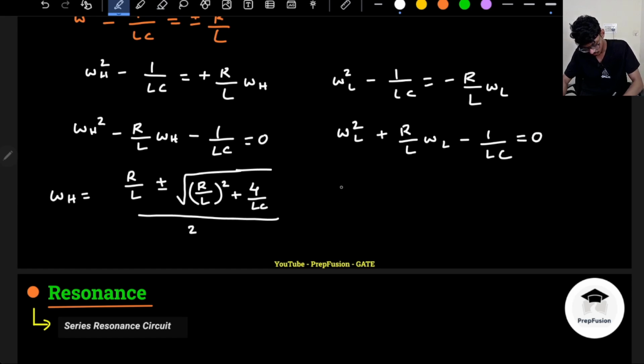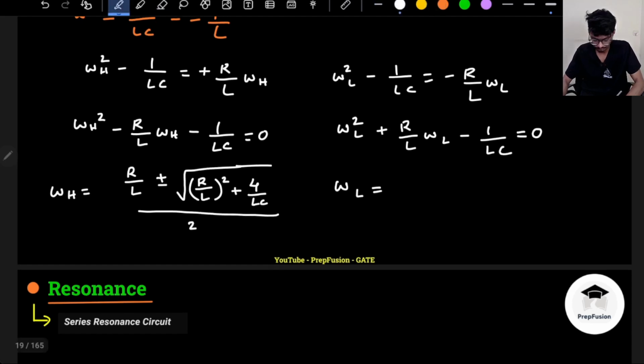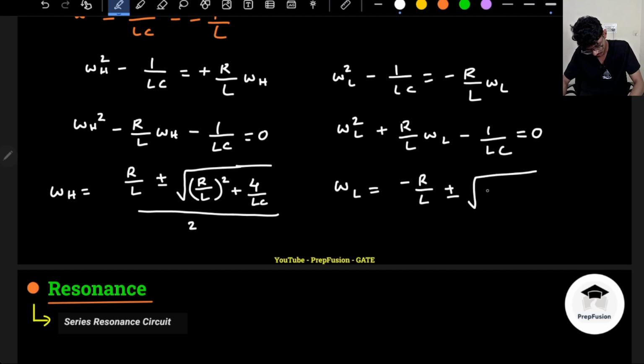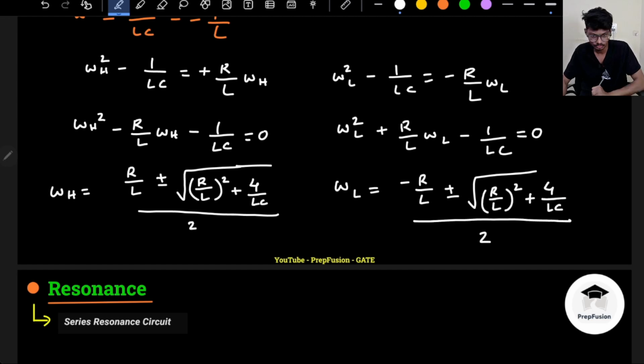Okay, so omega L will be equal to minus R by L plus minus square root of B square minus 4AC. So B square is R by L whole square minus 4, or this will be plus 4 by LC, divided by 2A.